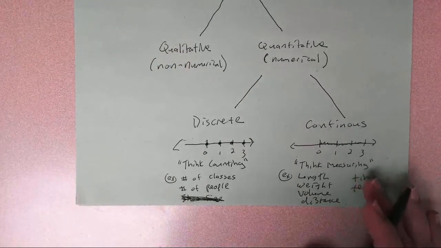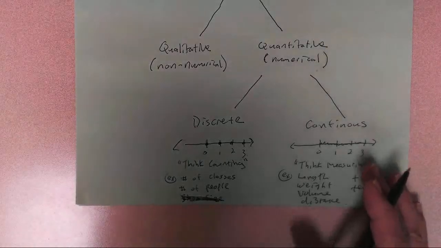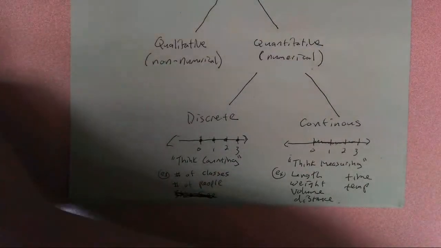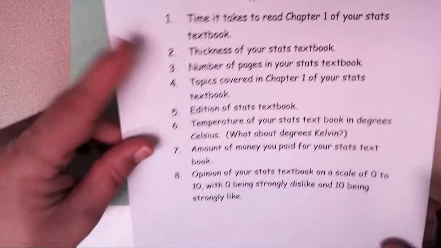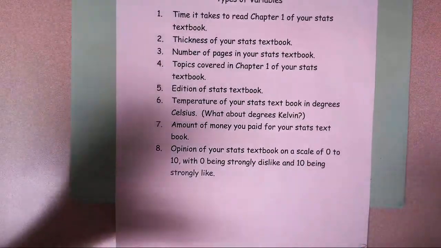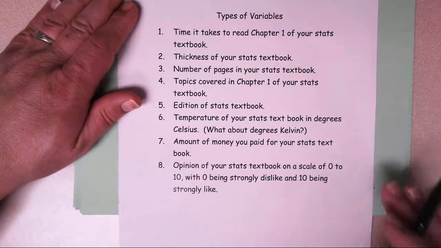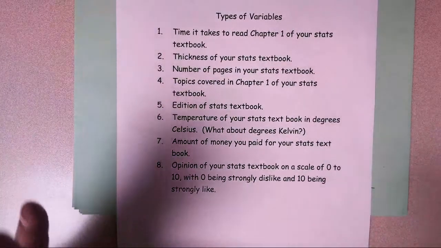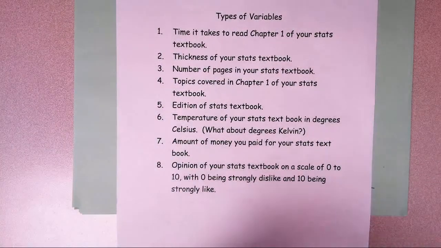So with that in mind, here's an activity, and what I want you to do is decide, first of all, whether they're qualitative or quantitative, okay? And if they're qualitative, you're done. But if it's quantitative, then I want you to decide whether it's discrete or continuous.